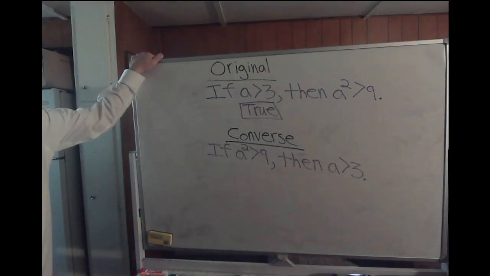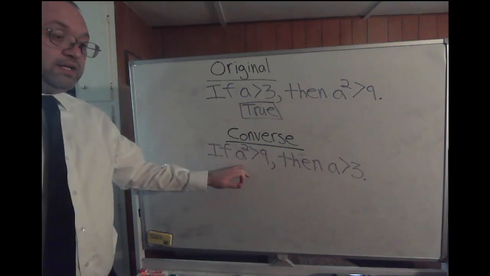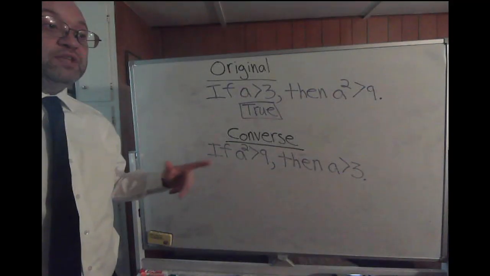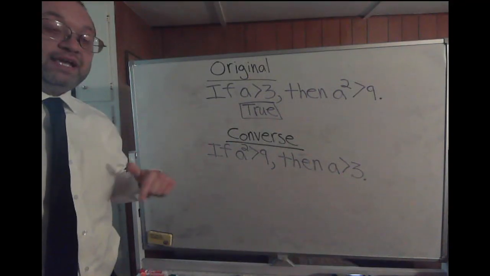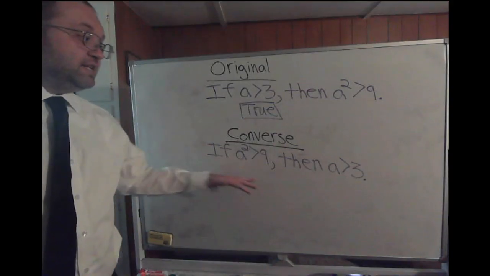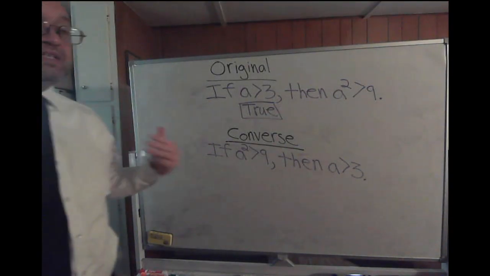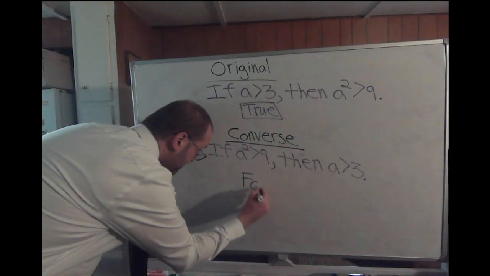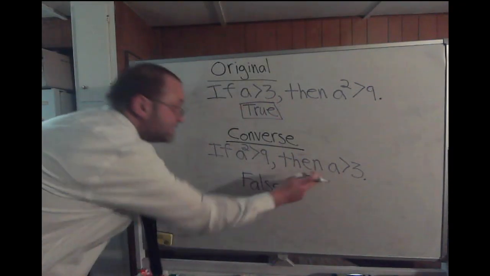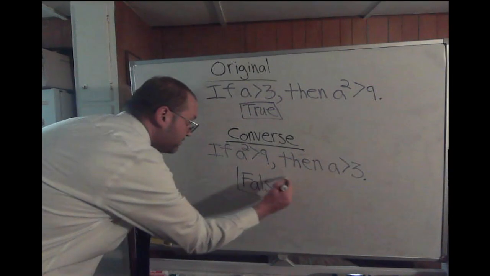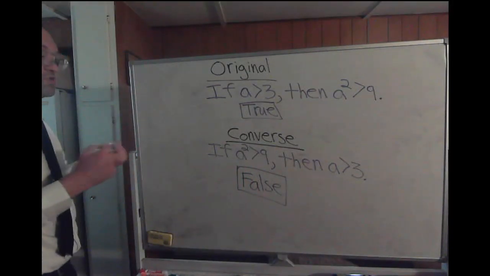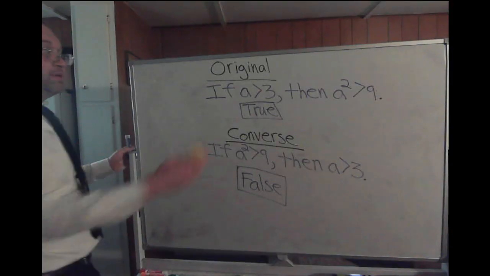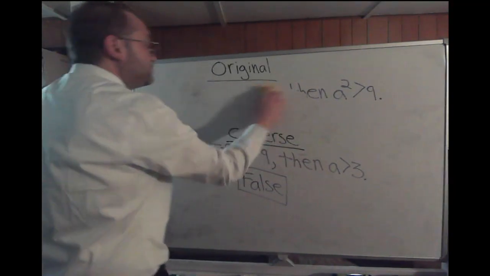If we do this inequality, A squared being greater than 9, we can also tell that A would be less than negative 3. So it's leaving out the fact that A is less than negative 3. So this is a false statement, because this is basically trying to say that it's only A greater than 3, when in reality you also have A less than negative 3.